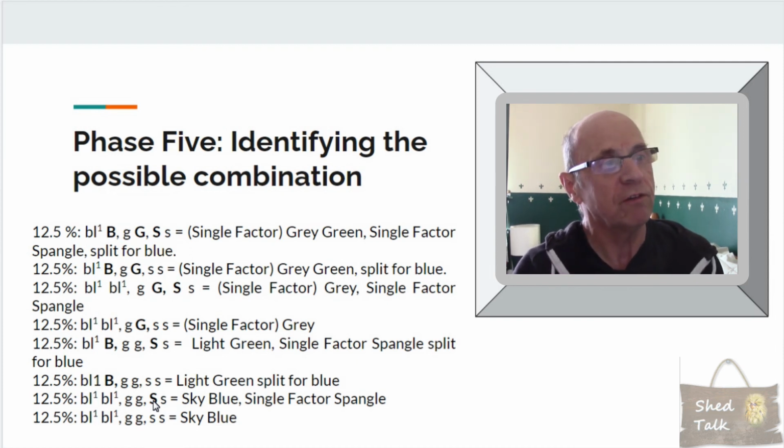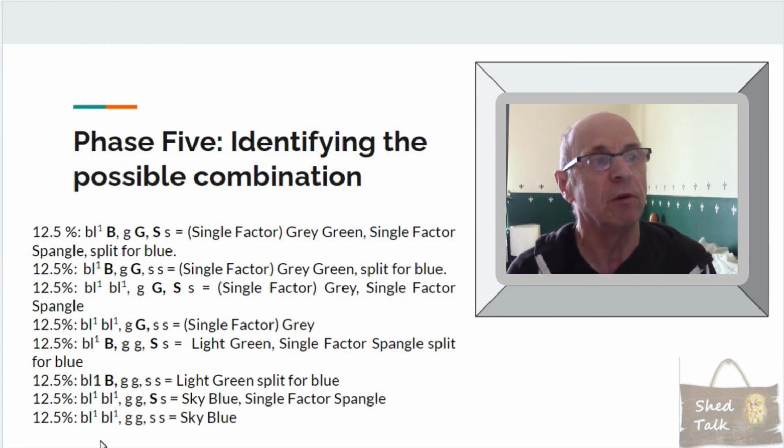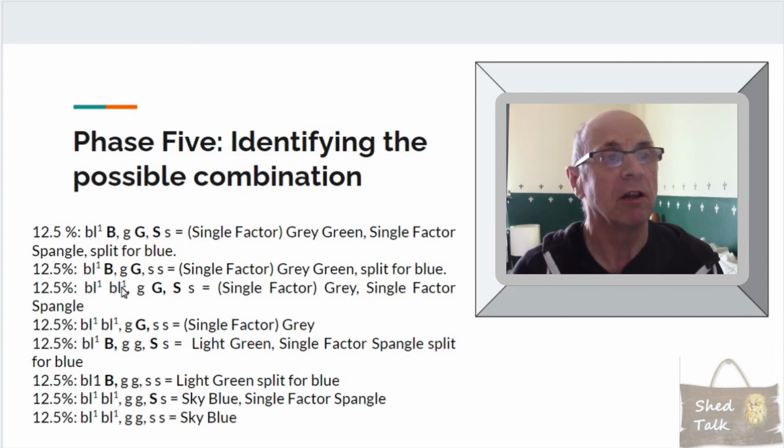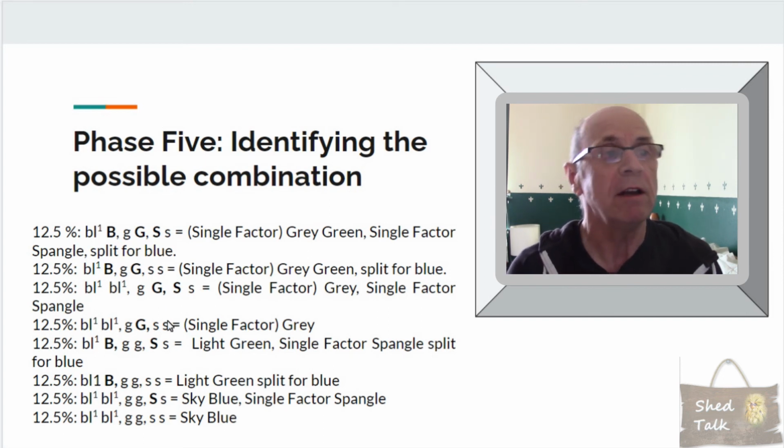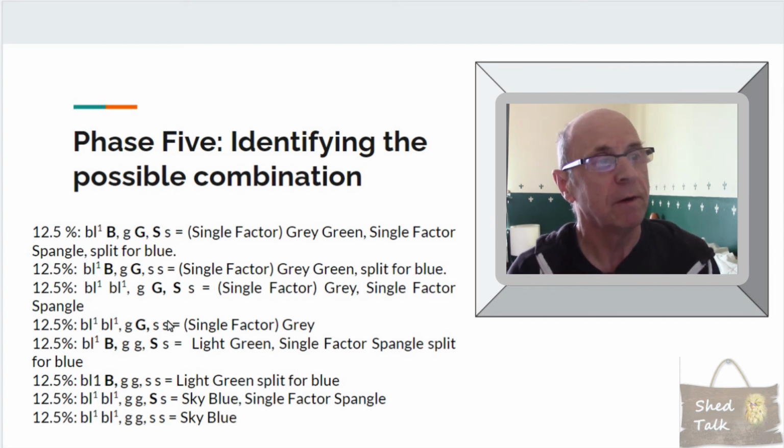So 12.5% of the birds are likely to be single factor grey-green, single factor spangle split for blue. Then another 12.5% are going to be single factor grey-green split for blue. 12.5% are going to be single factor grey, single factor spangles.